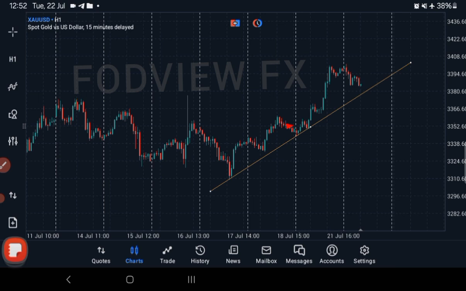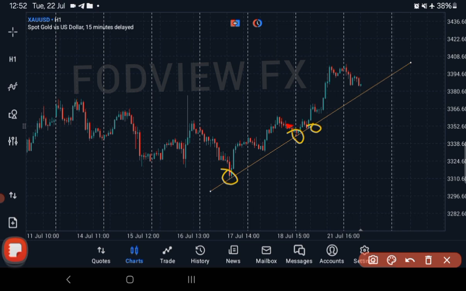We have the first touch here, second, third. That is how to place a bullish trend line.